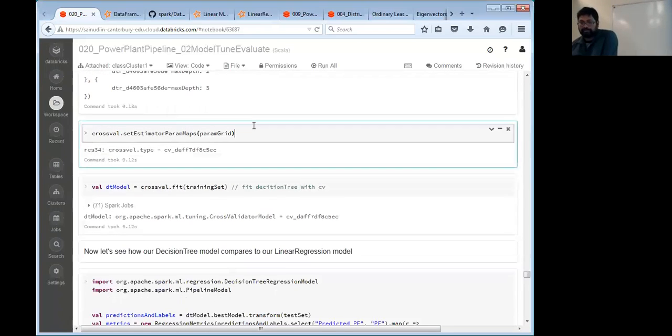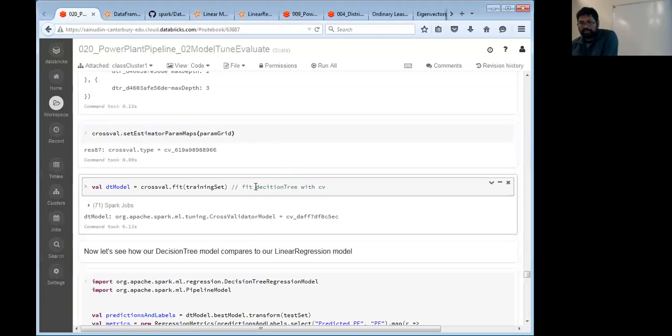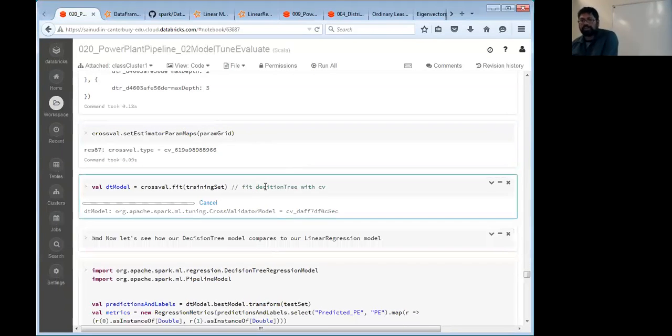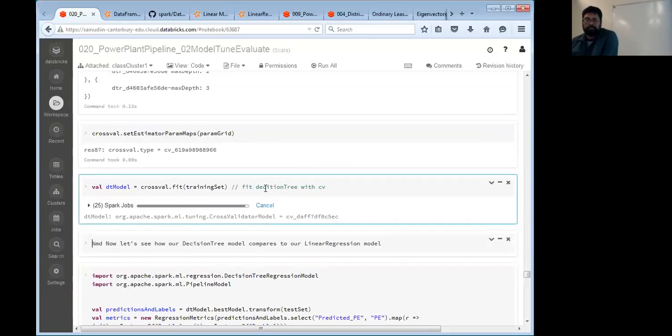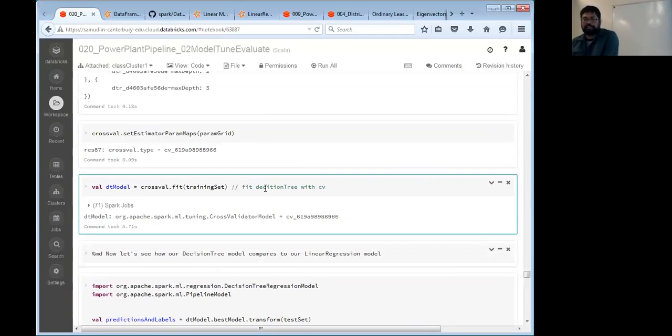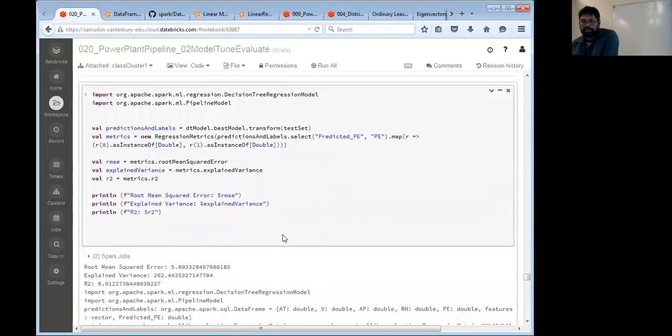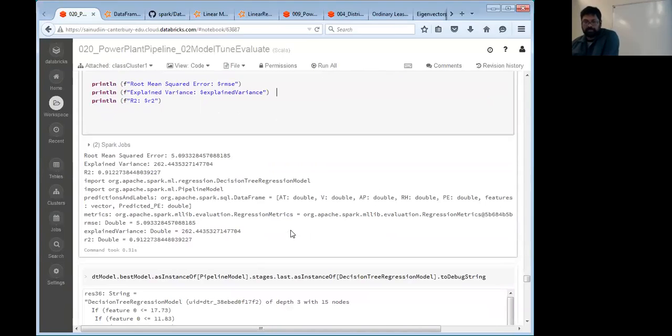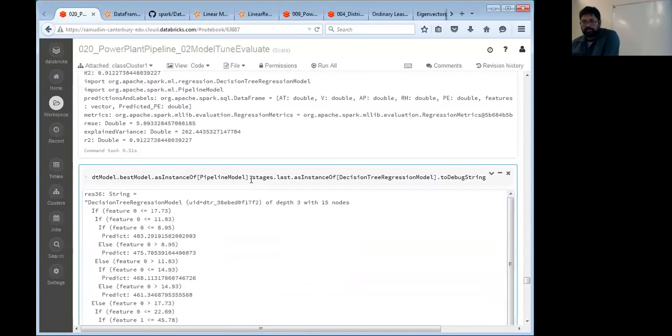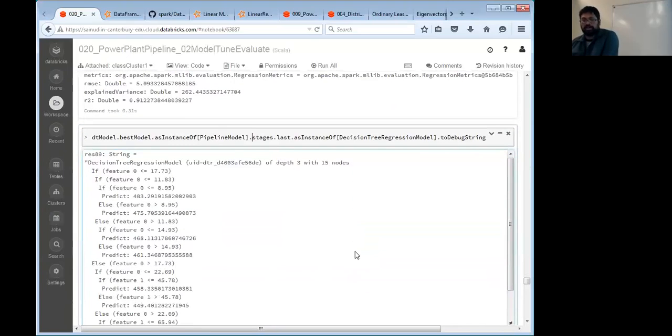And then I have my decision tree model, and I'm doing cross-validation fit on the training set, going through the maximal depths of 2 and 3 over this 5-fold cross-validation, and I'm able to see how good my decision tree method is. So I can look at what the best instance of this decision tree is, and I can get it as a string, right?